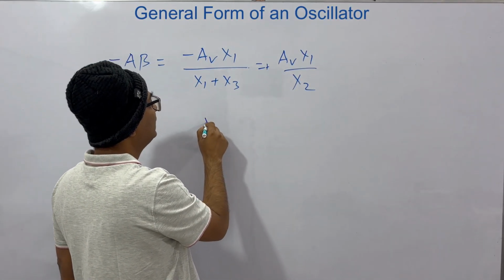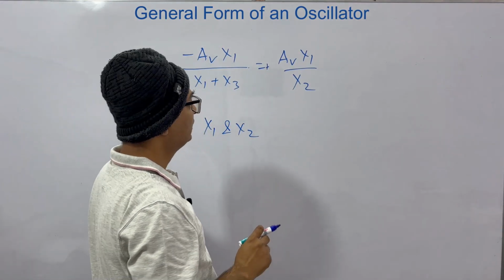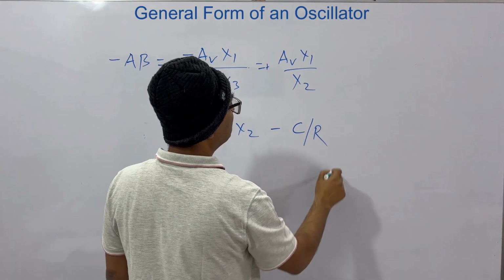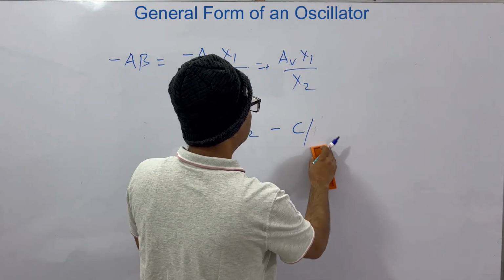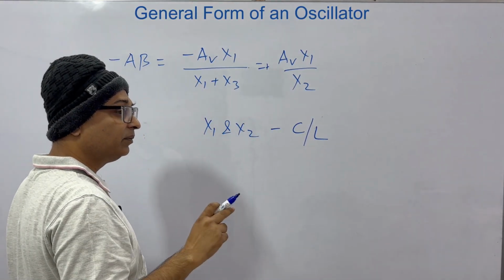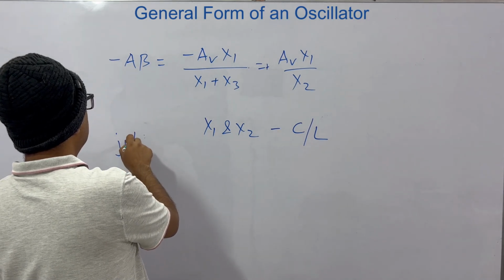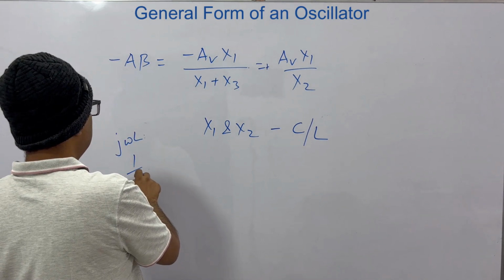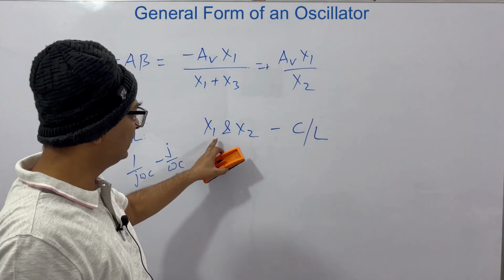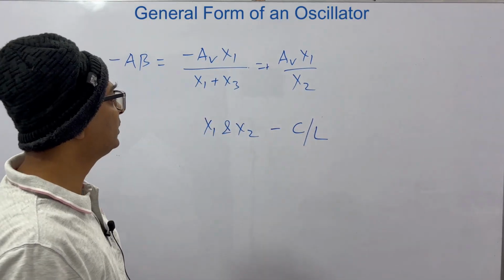This means that X1 and X2 should be of the same type, that is, either they are capacitors or they are inductors. So X1 and X2 are of the same type. Why? Because if you remember, we have j omega L and 1 by j omega C, that is minus j by omega C. So these two have to be of the same type, and then only this is possible.